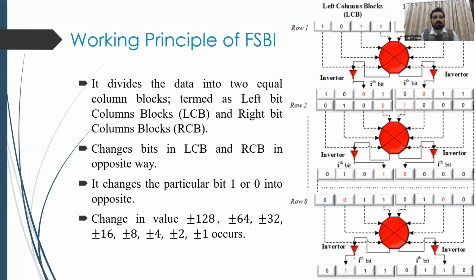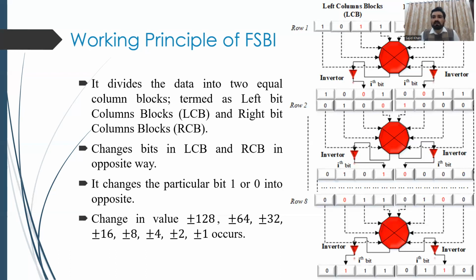For the most significant bit, the change in value will be plus or minus 128, and for the least significant bit, the change will be plus 1 or minus 1.